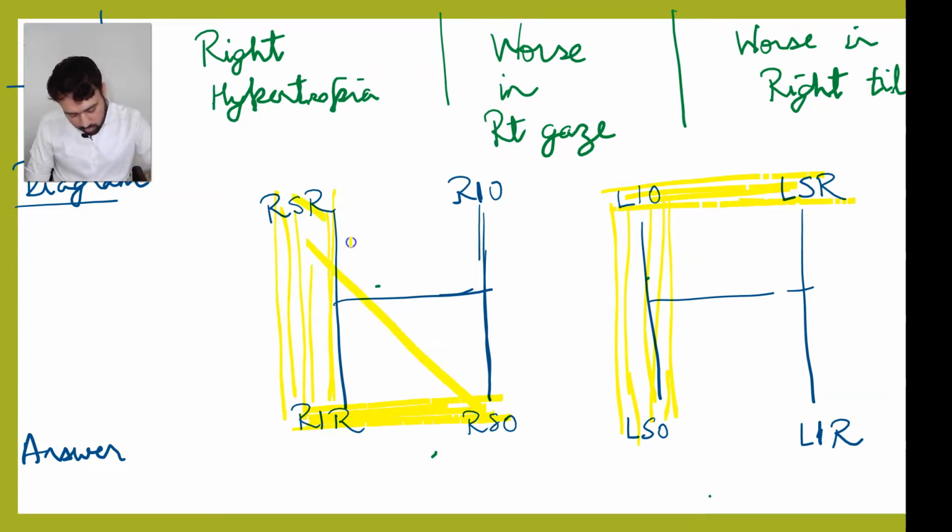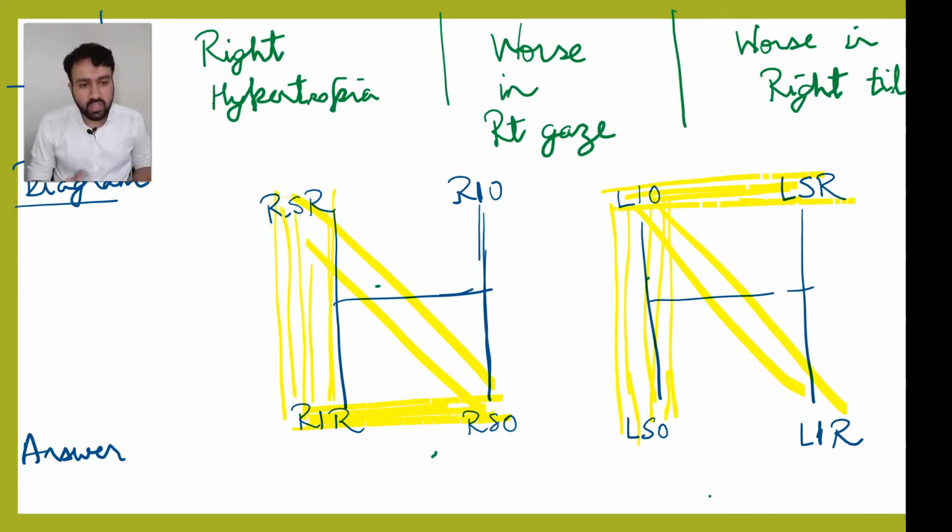Correct, superior rectus and superior oblique are the intorters, they are poor, and inferior oblique and inferior rectus are extorters. In the left eye, they are poor. At the end of this H diagram, you will get two shapes.